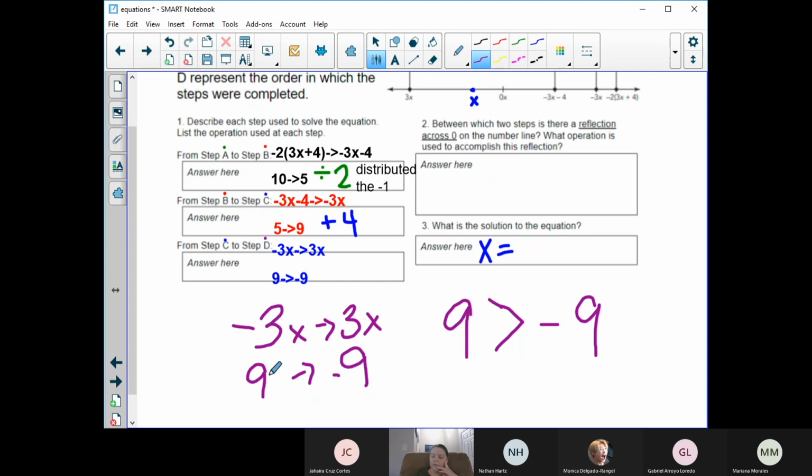Right. So to go from 9 to -9, we could have subtracted 18, but then I would see 3x minus 18 up here. So that's a big clue that we did not subtract, and lets us know that we divided to find this answer.